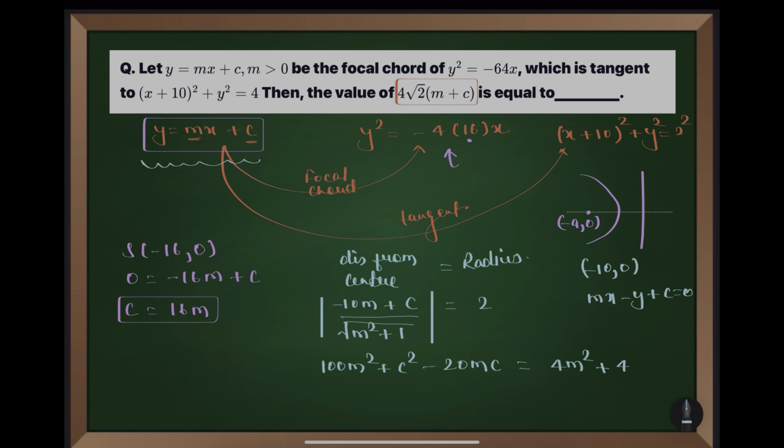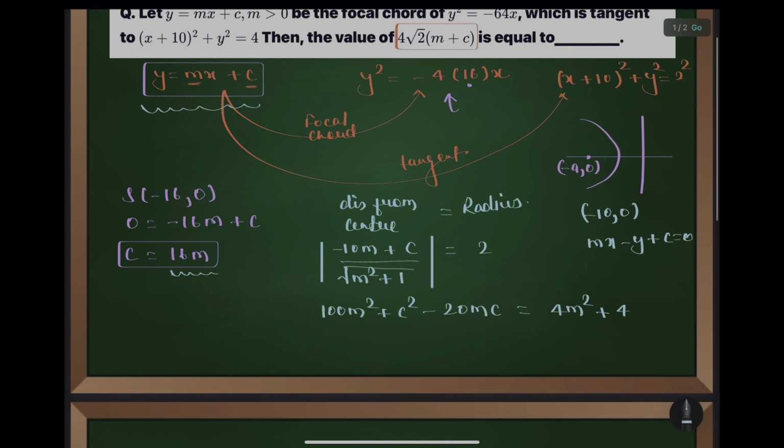Now look at this. In place of c you guys can use 16m. Correct? Because we have to simplify things. So it's better to convert the question into a single variable, correct? So look at this.